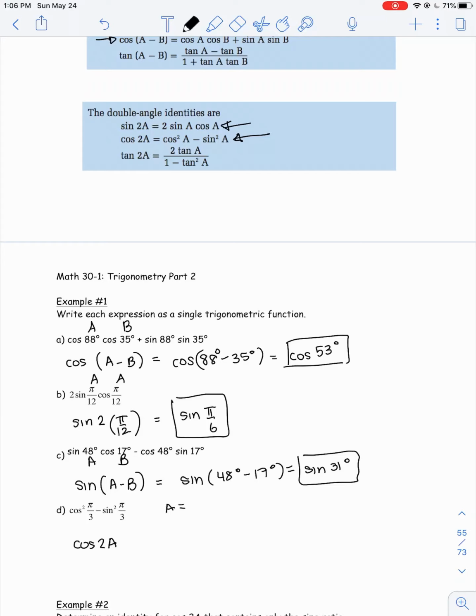So A is equal to pi over 3. So we're going to have cos of 2A. Our A value is pi over 3, so it'll be 2 pi over 3 as our final answer.